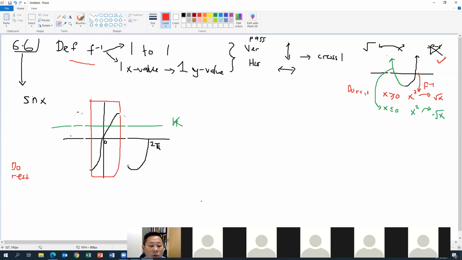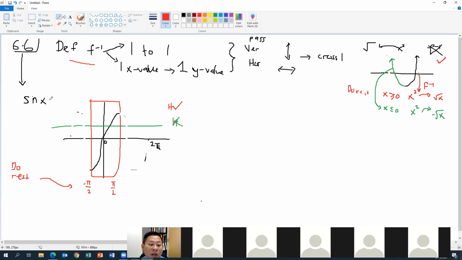Now, if you concentrate on just that piece, then it will pass the horizontal line test, because when you draw the horizontal line, it only intercepts one point. And when you draw the vertical line, you also intercept once. So you pass both the vertical and horizontal line tests. So in this case we restrict the domain from negative pi over 2 to pi over 2. This is the domain restriction that we have.